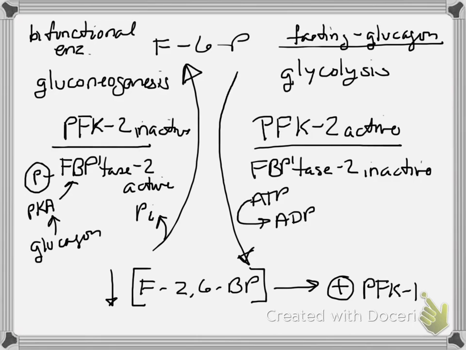And by phosphorylating the enzyme, let me put this up here to indicate that the whole enzyme is being phosphorylated, that is going to turn on the fructose bisphosphatase activity and inactivate the kinase activity. So now we can convert fructose 2,6-bisphosphate to fructose 6-phosphate, reducing the activator's concentration in gluconeogenesis.